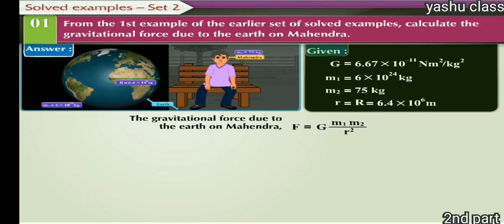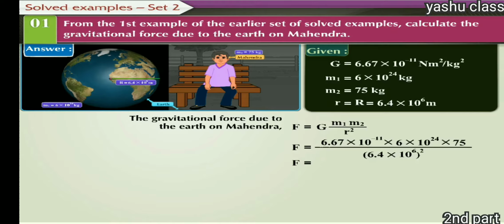Substituting all these values in the formula, we get F is equal to 6.67 into 10 raised to minus 11 into 6 into 10 raised to 24 into 75 divided by (6.4 into 10 raised to 6) bracket square. Therefore, the gravitational force due to the Earth on Mahendra, F, is equal to 733 newtons.